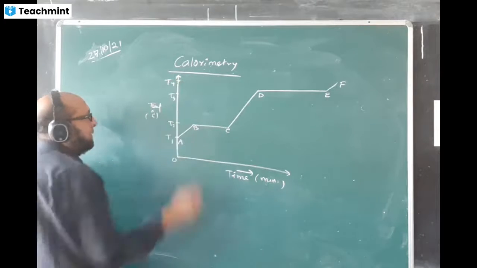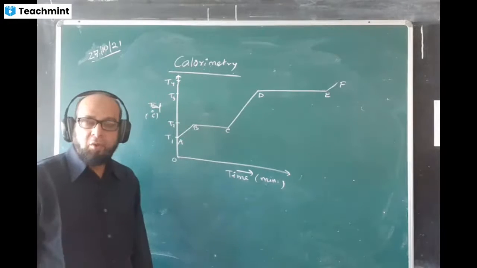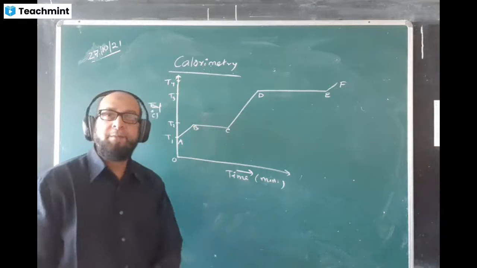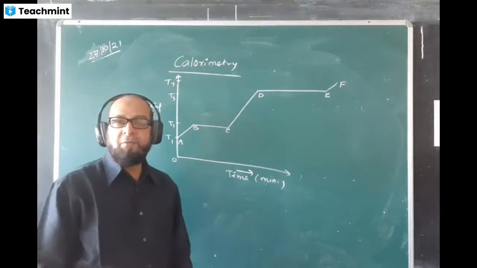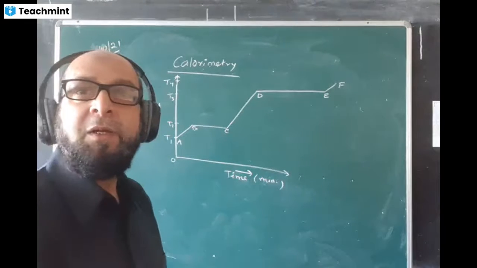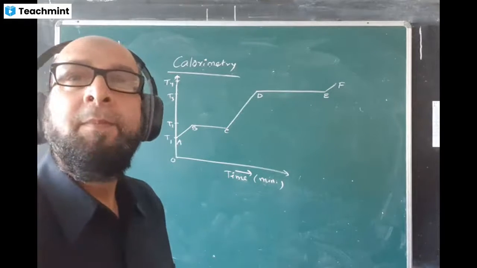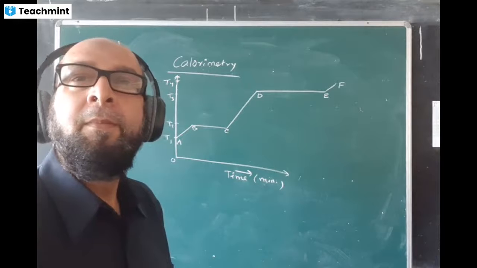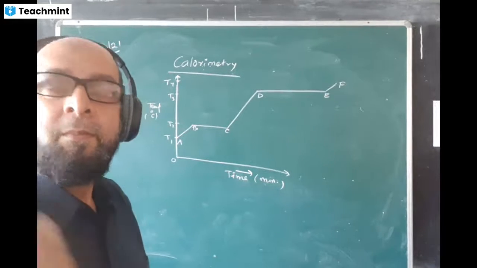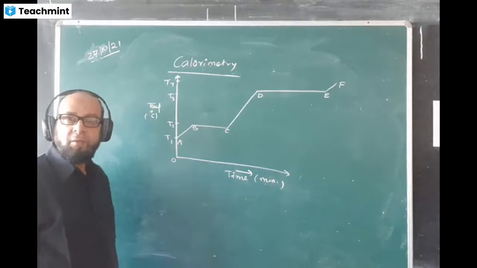T4 written. The question says a solid is being heated continuously till it changes into vapor, for which the following graph is drawn.